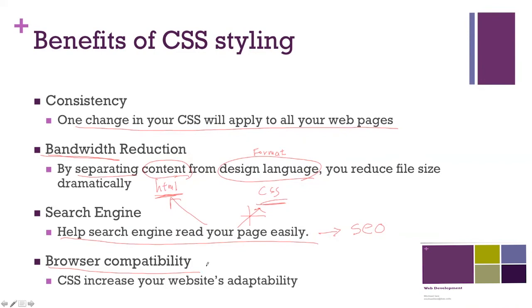So before we had the CSS idea, you had to create three separate versions: one entire website for your computer, one entire website for your phone, one entire website for an iPad or tablet. But think about it.